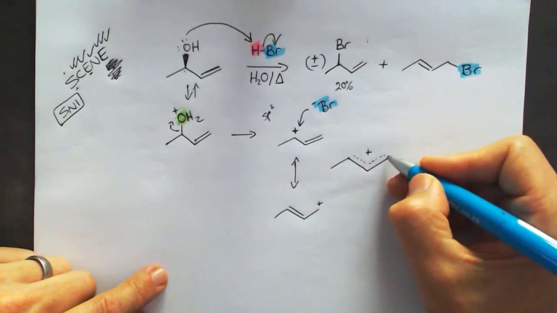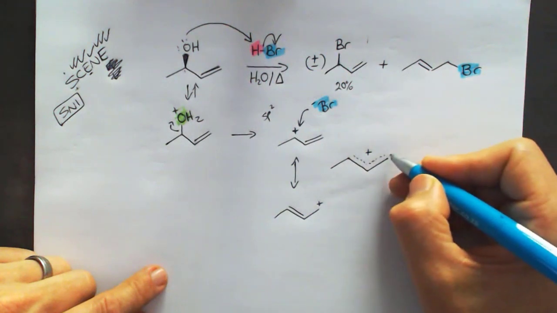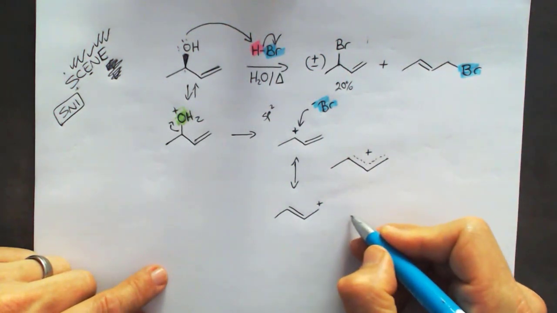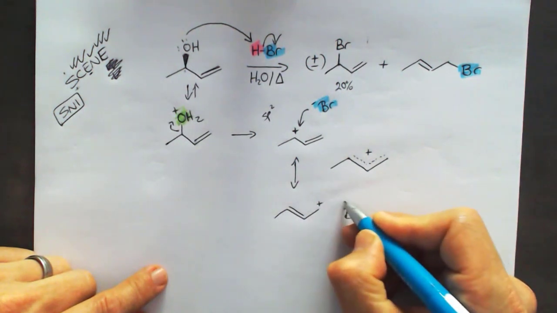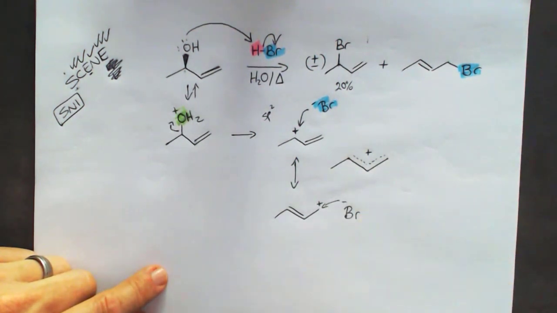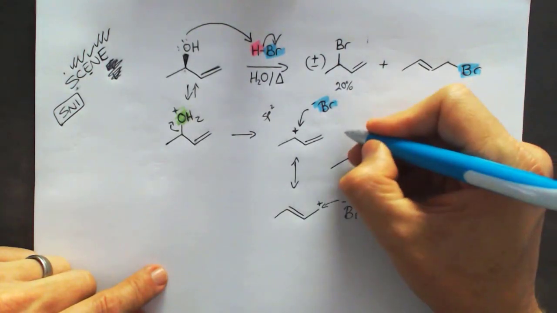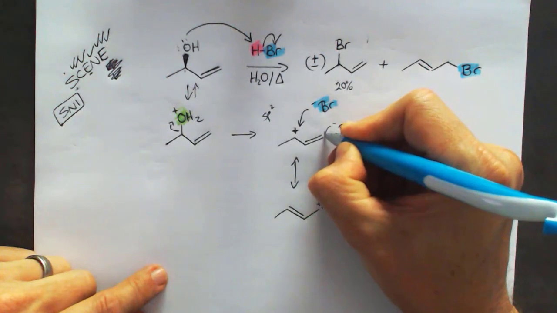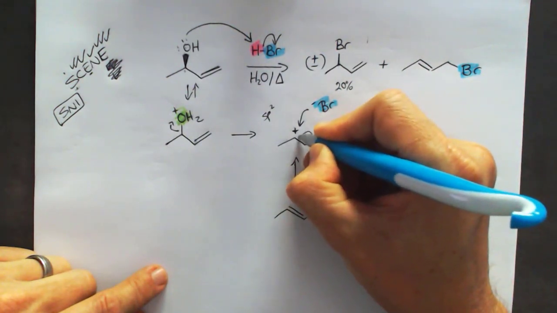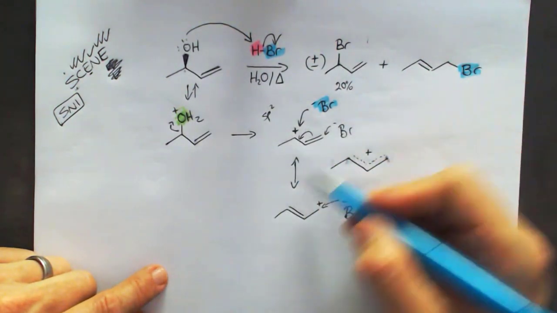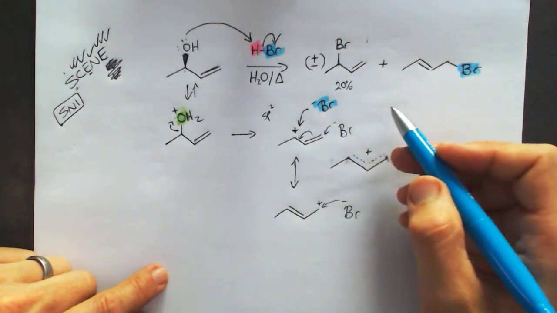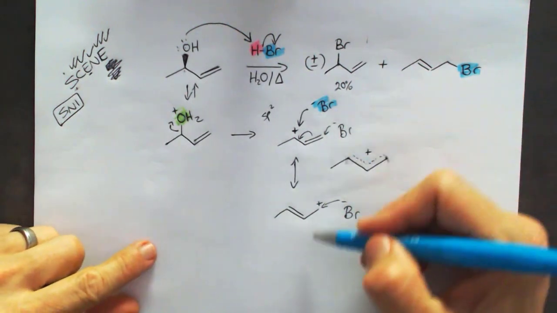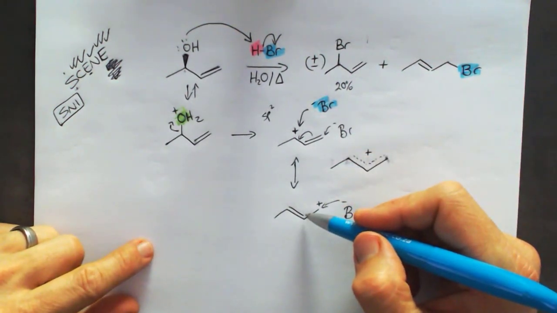And so adding here is actually the preferred way. One way of doing that mechanism is to show a Br minus going to that over there. Another way of doing the mechanism is actually just to say Br minus comes in, adds to this carbon, and this pi bond shifts across. Both of those mechanisms get us to the correct product, and both of them would be completely correct. There's nothing that says that we have to do it one way or the other.